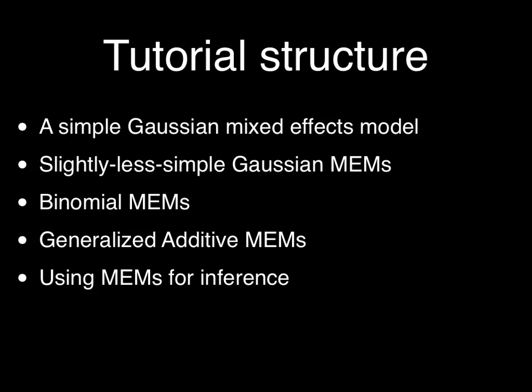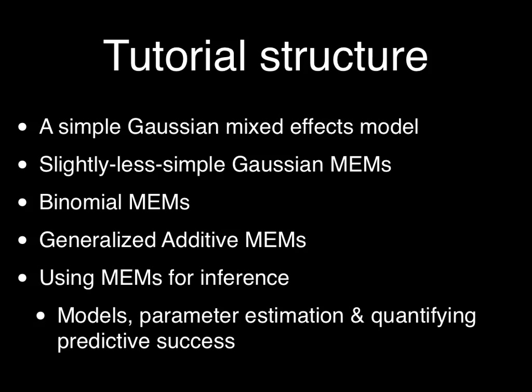At the end, I'll have a bit of a discussion on actually using mixed effects models for scientific inference. Most of the talk will just be about the idea of creating these models. The last little bit is how we use these models for answering inferential questions, which will include model comparison, parameter estimation, and quantifying predictive success.